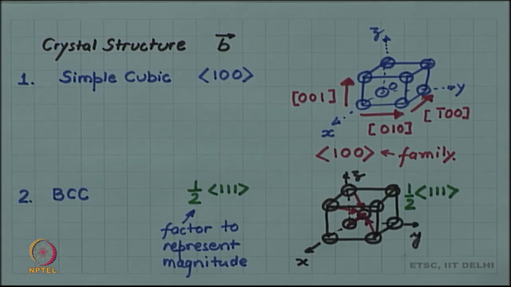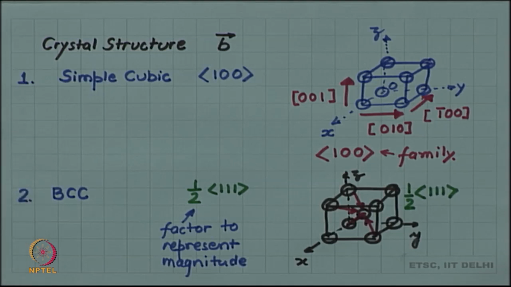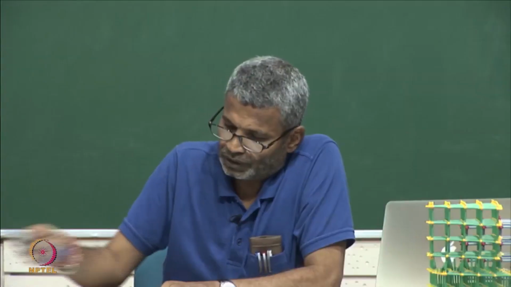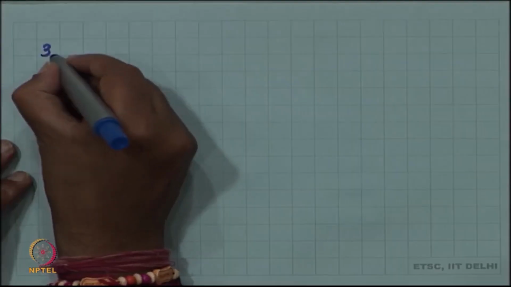So, there is a slight modification in the original convention for the Miller indices which we had proposed initially, where we had said that we will cancel out any such factor, but now we will keep it.